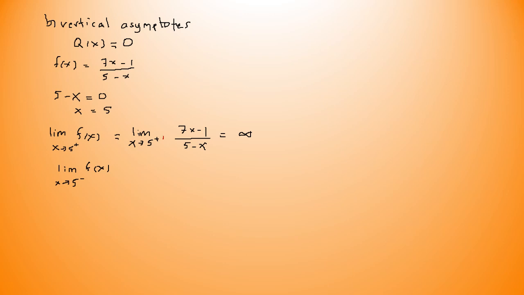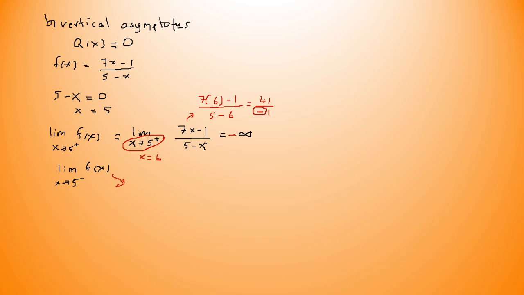As x approaches 5 from the right side, x is a number to the right of 5, for example x equal to 6. Then we can test in our function: 7 times 6 - 1 over 5 - 6. This gives 41 over negative 1. Our answer has a negative sign, so the limit is negative infinity.